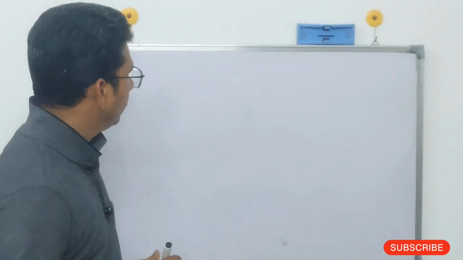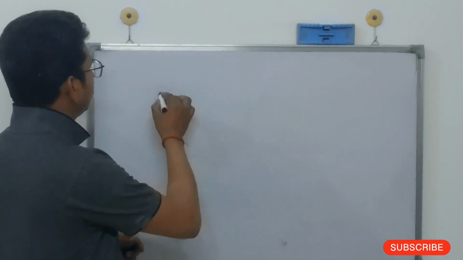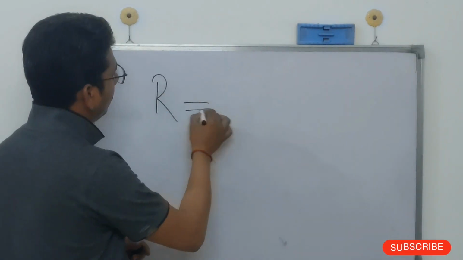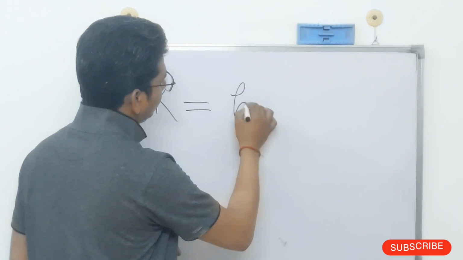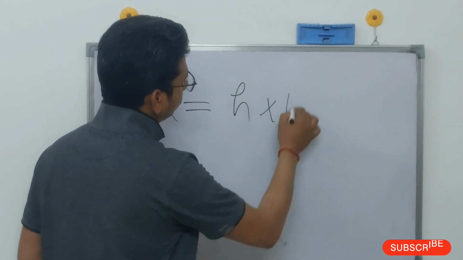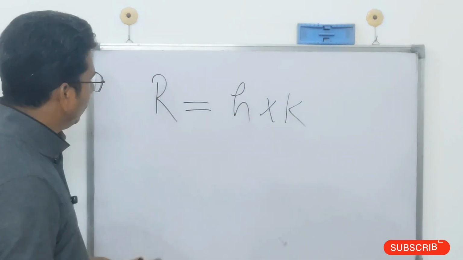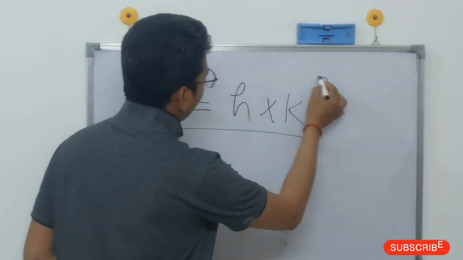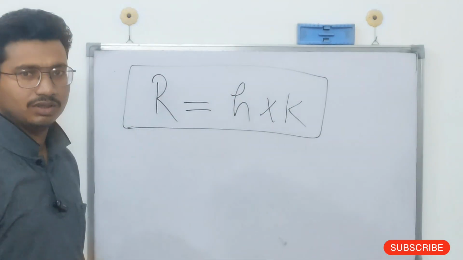In this video lecture, we are going to discuss a very important aspect in quantitative genetics or plant breeding, that is breeder's equation. So what is breeder's equation? Actually in plant breeding or quantitative genetics, we use an equation that is R equal to H into K. This is known as breeder's equation.